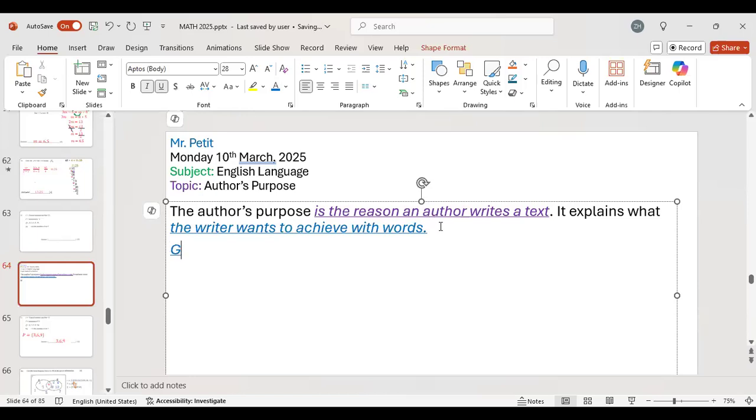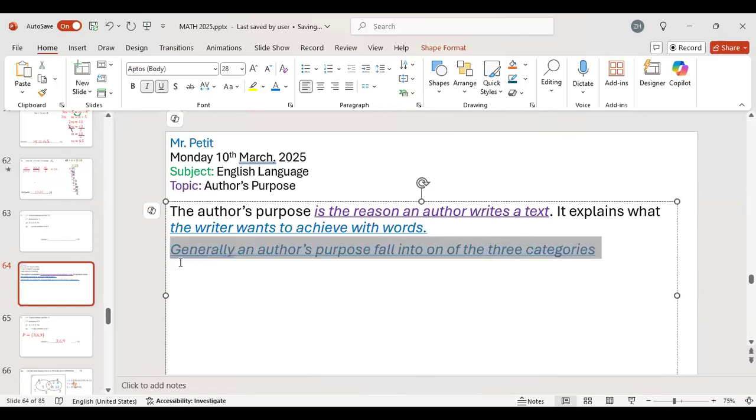Okay, generally, an author's purpose, this is generally speaking now, falls into one of, and some of you may have learned this before, some of you this may be your first time, one of three categories.